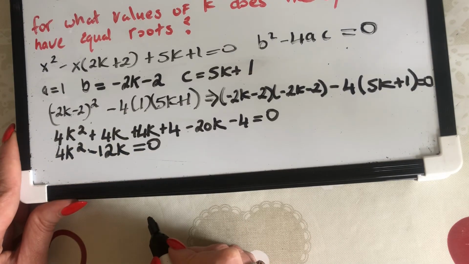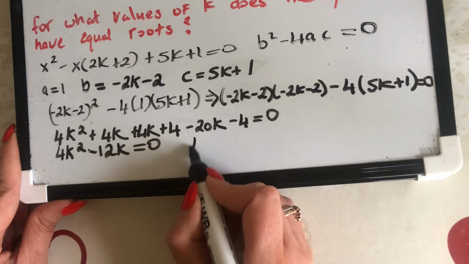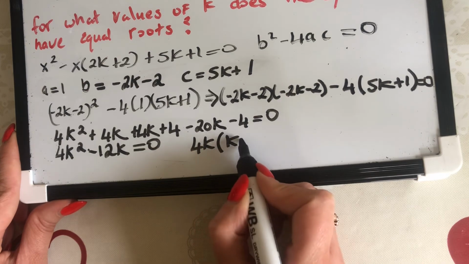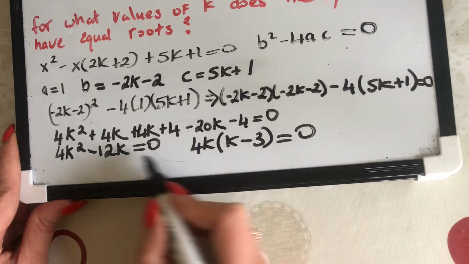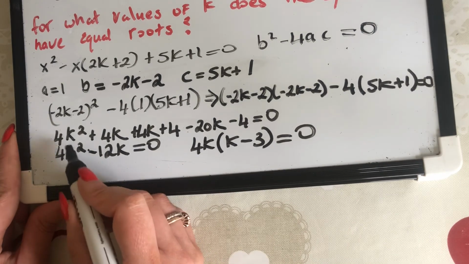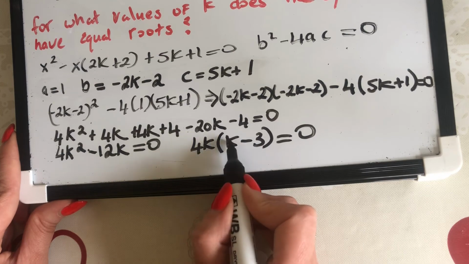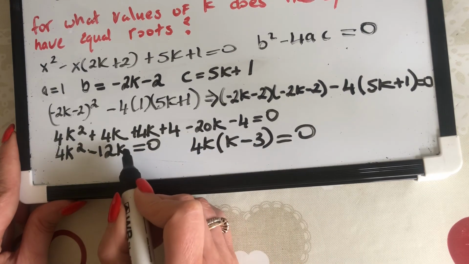Now, I think we'll factorise out 4k. So we'll get 4k, and we're left with k minus 3. I factorised out 4k because 4k was a common factor here and here. So we get 4k by k is 4k squared, and 4k by negative 3 is negative 12k.